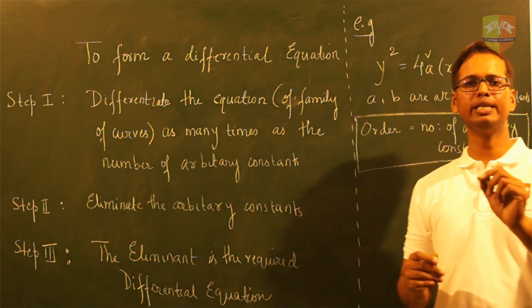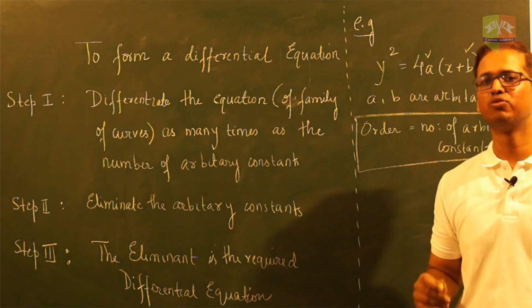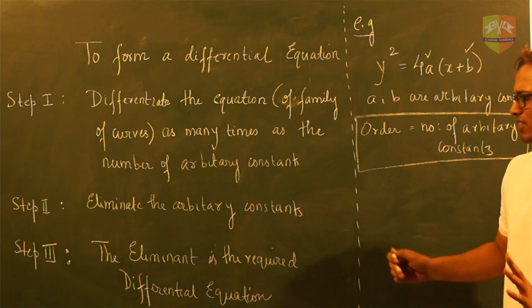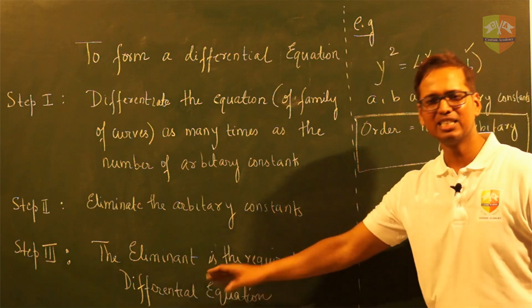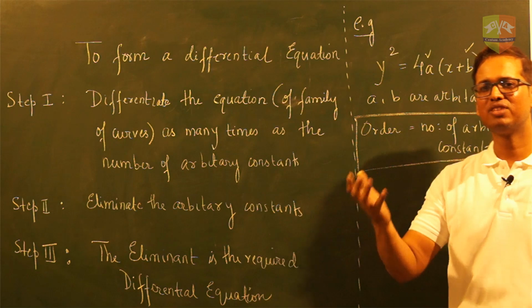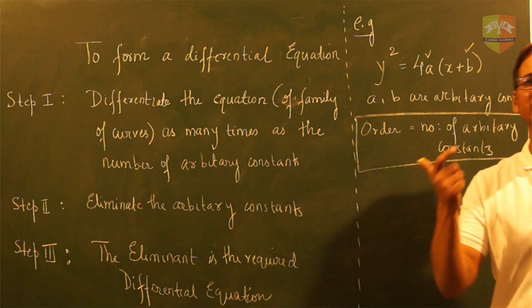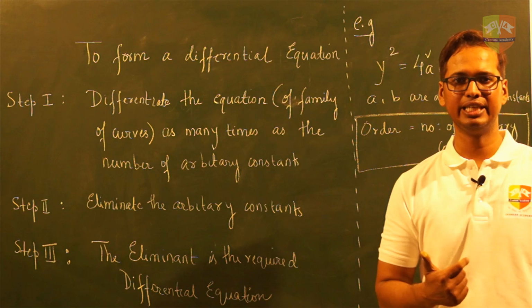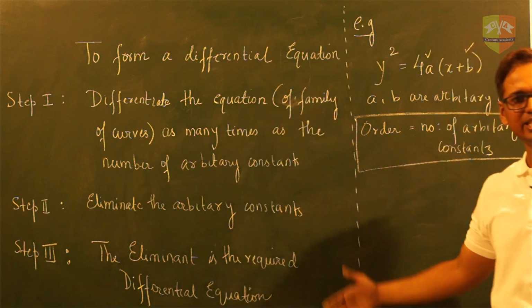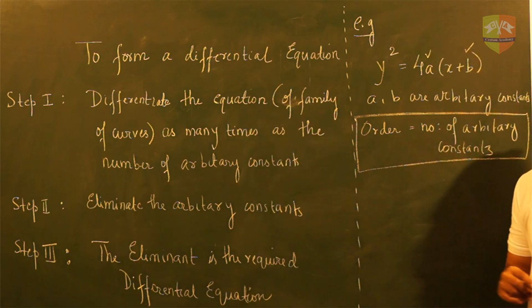So a and b have to be finally removed. After that, the eliminant, that is whatever is left after having got rid of the arbitrary constants, will be the required differential equation which we need. So let us apply these 3 steps on this problem so that things are clear.